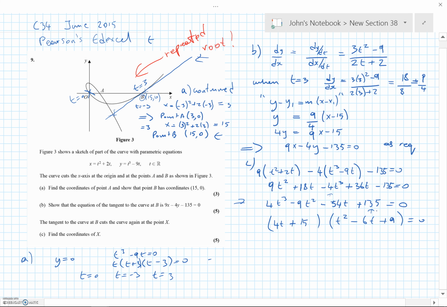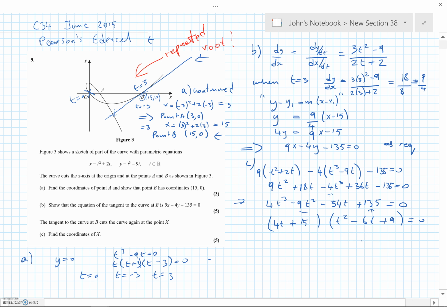Okay, so I suppose that's cheating. It's not cheating, but it is now a good idea to check whether it actually does multiply, and we do get terms in t cubed, for example, in t squared. Well, here we've got 15t squared, and here we've got minus 24t squared, and that makes the minus 9t squared.